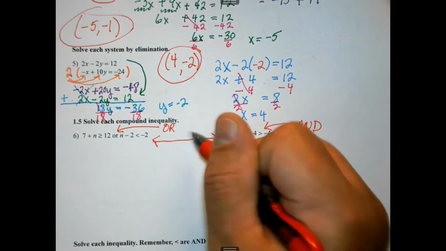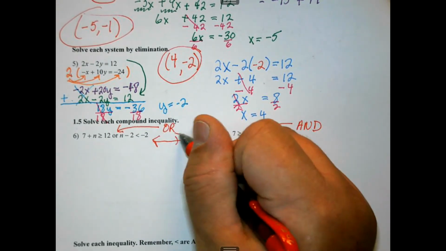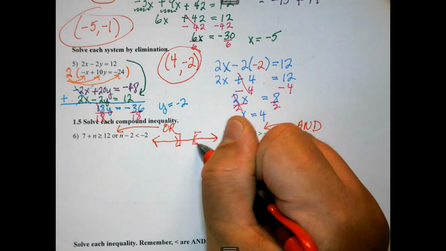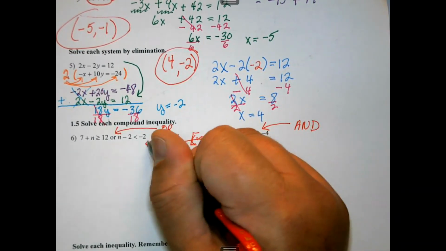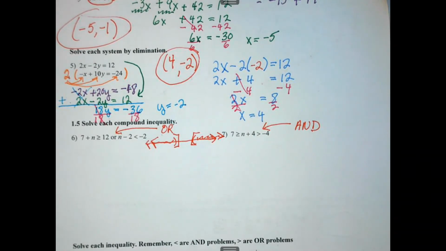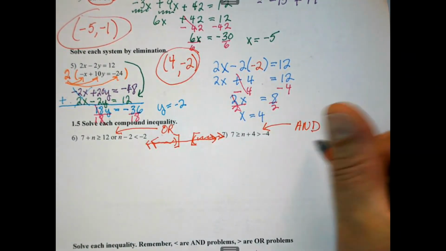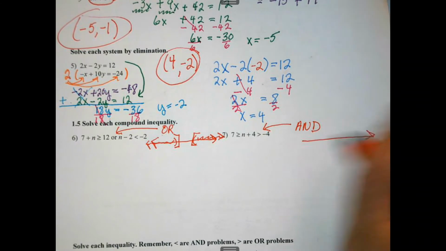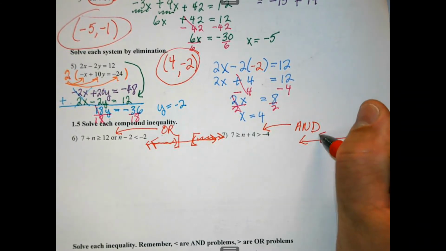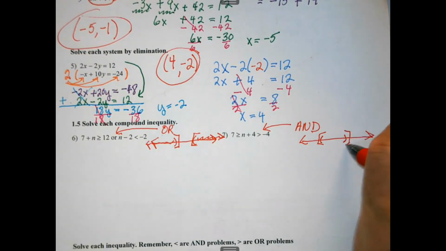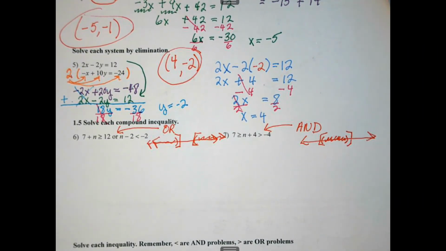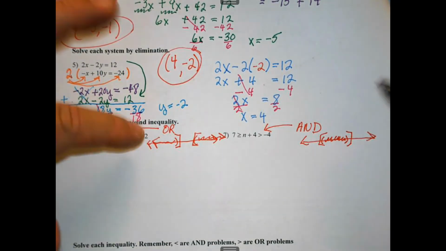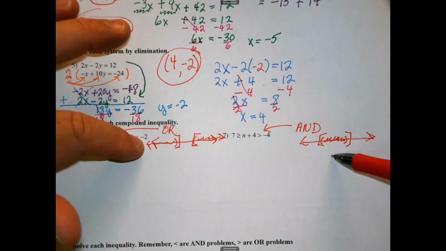Or problems, either a parenthesis or bracket, and they shade towards the infinities, like boat oars. And problems are the sandwich problems where you're going to either have parenthesis or bracket, and you shade in between, like a sandwich, right? In between, enclosed. Huge issues with these.